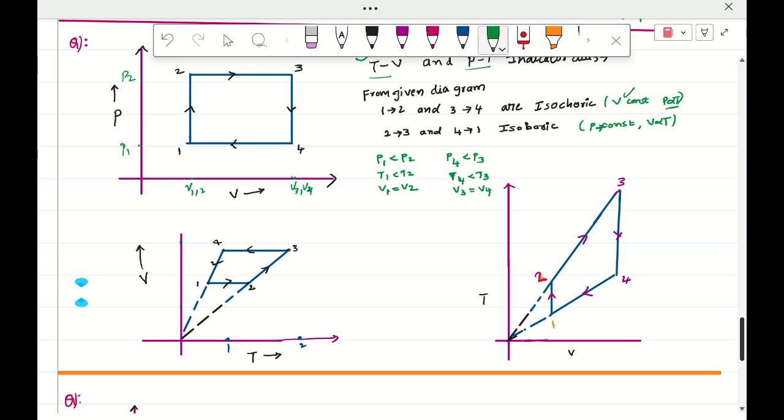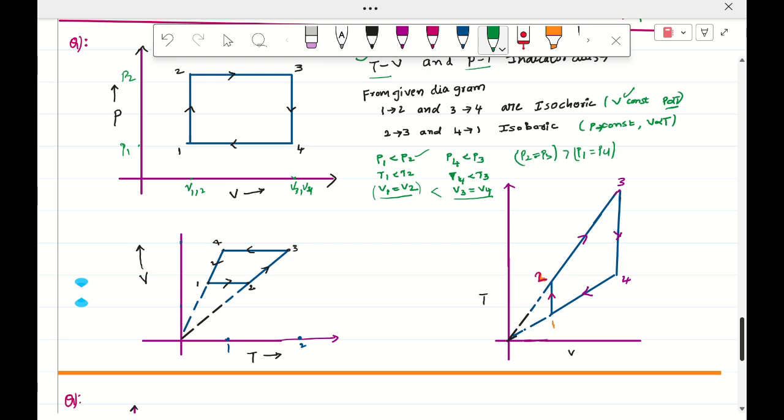So V3, V4 are greater than V1, V2, that is clear. V1 is equal to V2, V3 is equal to V4, and V1, V2 are less than V3, V4. And P2 is more than P1, and for 2, 3, P2 is equal to P3, which is more than P1, equal to P4. I hope you understand this.